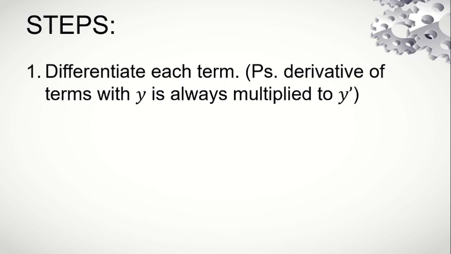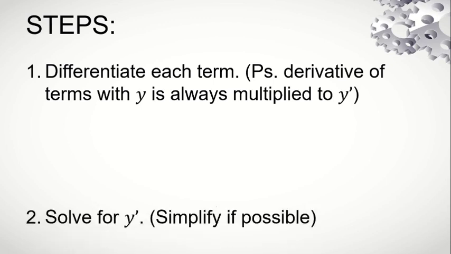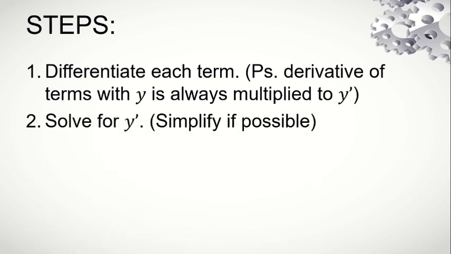Next, we have the steps for finding the derivative of implicit functions. Number one, differentiate each term. Note that the derivative of terms with y is always multiplied by y prime, the symbol for the derivative of the function. Number two, solve for y prime.